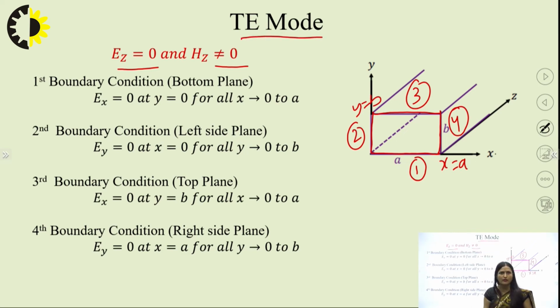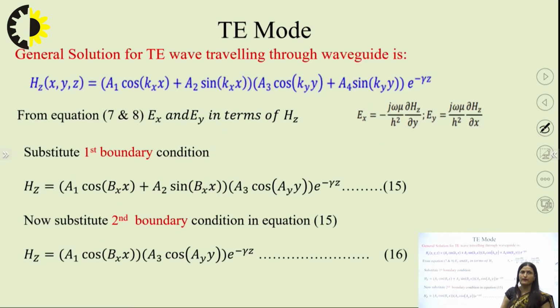In case of TM mode, the electric field in the direction of propagation is 0 at the boundary, and here the electric field along x and y at the boundary is 0.